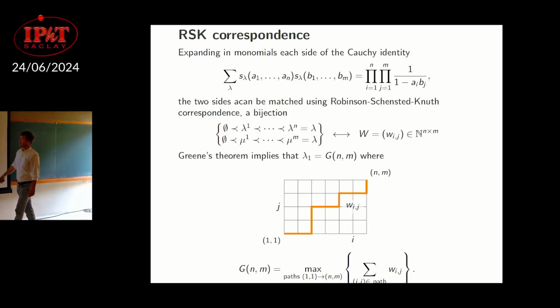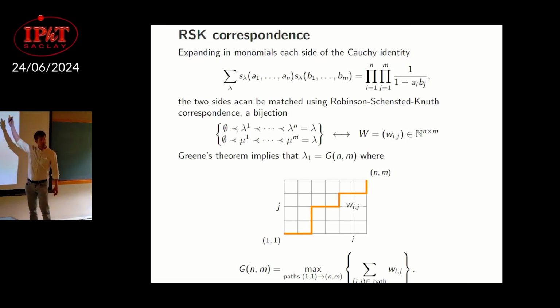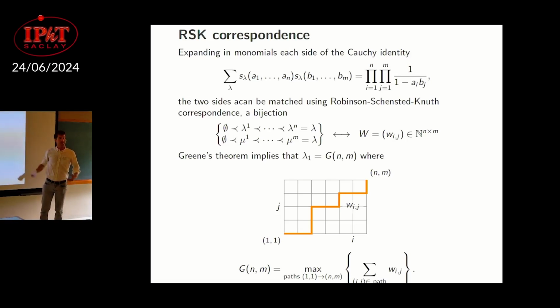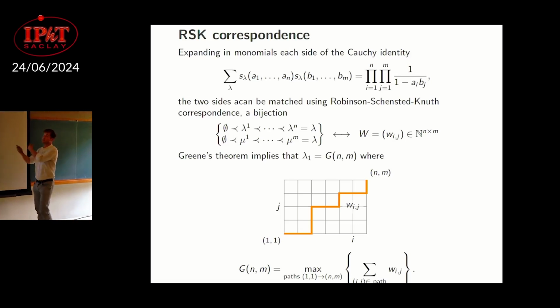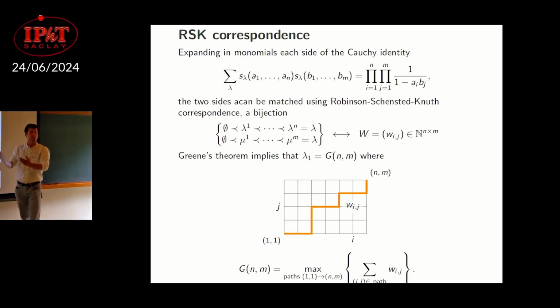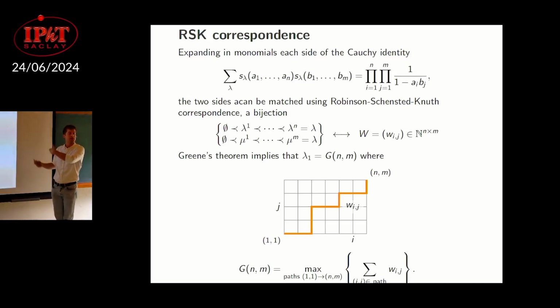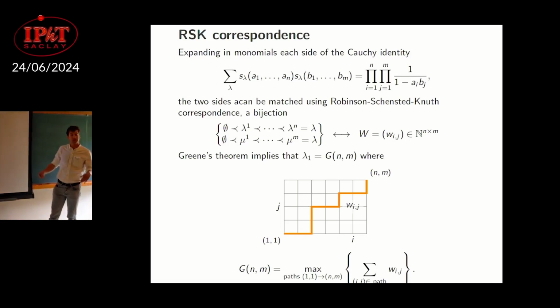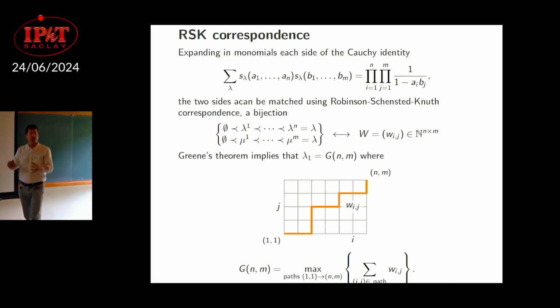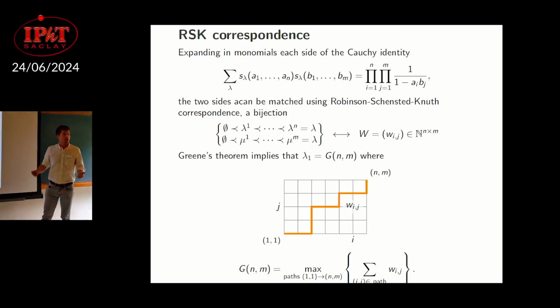I didn't write the expansion into monomials of the right-hand side. In the right-hand side, we first have a product, and then we have something which is very easy to expand in a power series, and then we can exchange the series and the products, and we will very naturally get an expansion over matrices with integers, so an array of integers of size n by m.